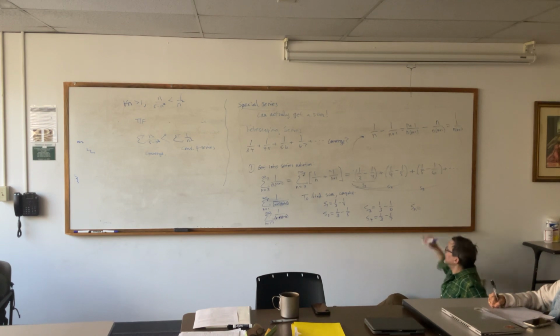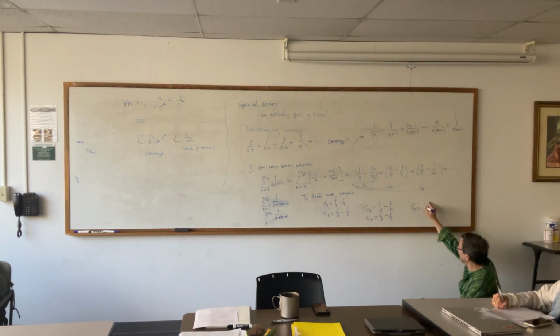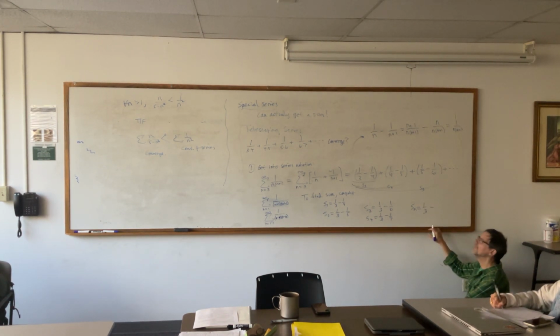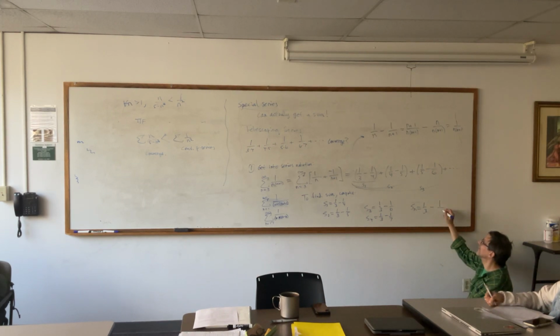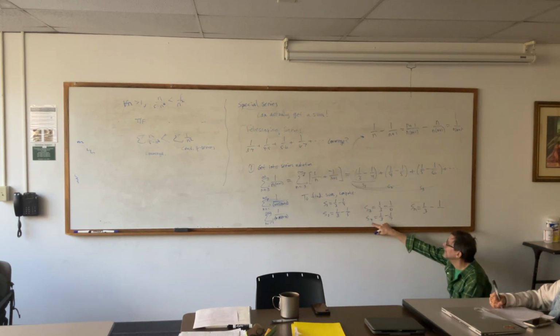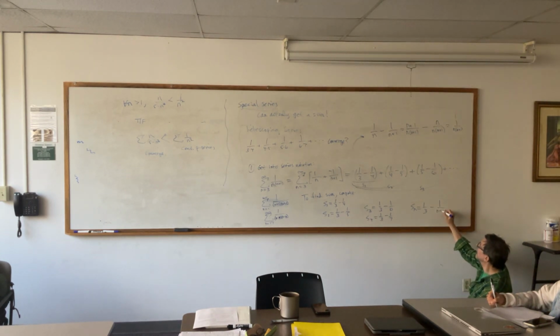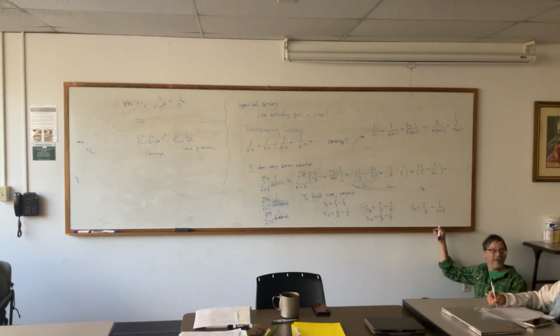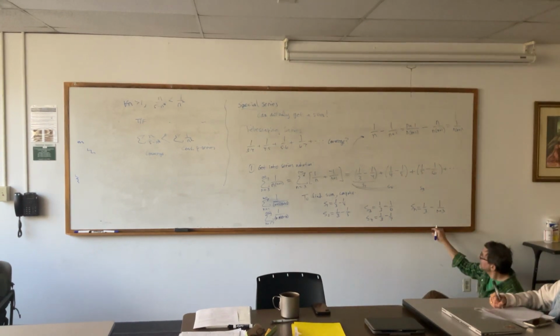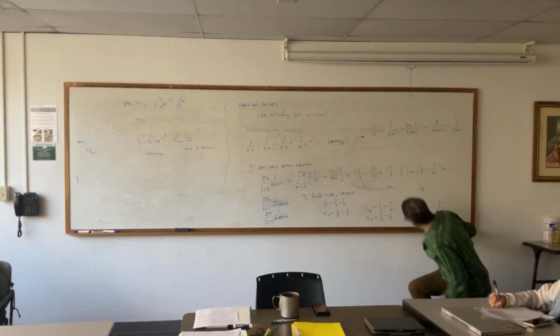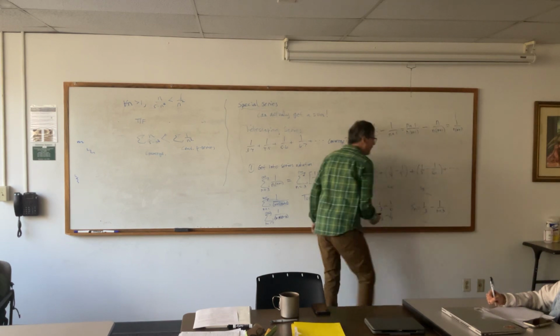Can we generalize? Is it like 1/3 minus 1/n? Close. Plus 1. So how do you move from that index to that? Plus 3. There you go. So S sub n, we can write like this, because all the stuff canceled.